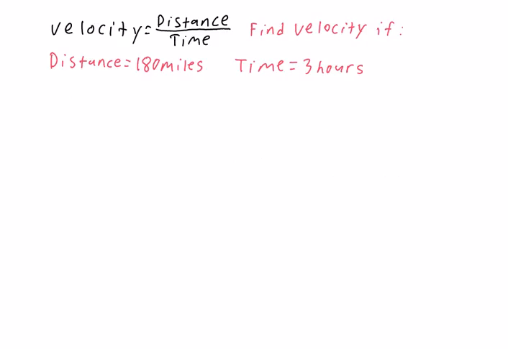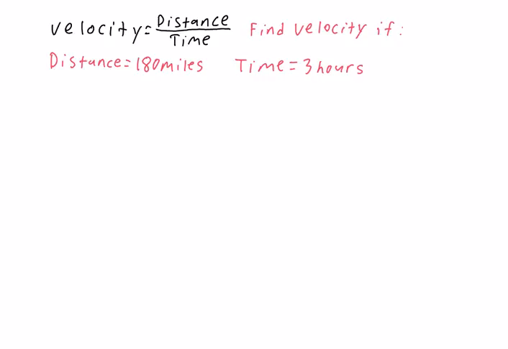Alright, so in this problem, they give you a formula. Velocity equals distance divided by time. And they want velocity if distance is 180 miles and time is 3 hours. So all you do is plug everything in.